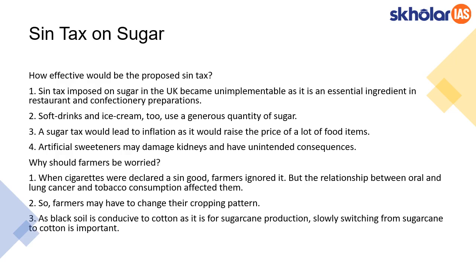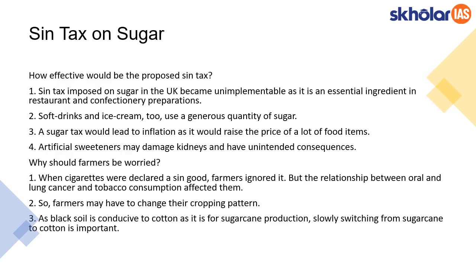But we will also have to look at the concern that would arise from the supply side of it, that is farmers and mill owners. Farmers, those who are dependent on the sugarcane crop, would be impacted, and also the mill owners who have to produce sugar out of sugarcane will also be impacted because of this sin tax. So this aspect of it has to be taken into consideration.